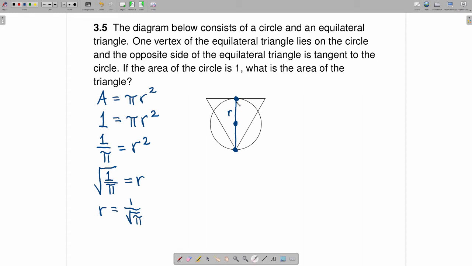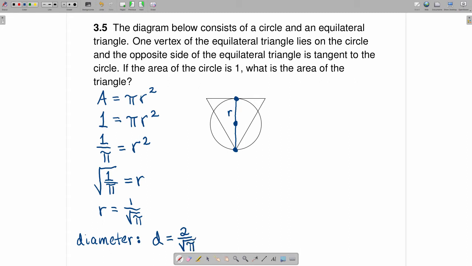Now, if the radius of this circle is 1 over the square root of pi, then the diameter of the circle, which is this entire length, I'll call that d, for the diameter, will be twice that, and twice the radius is 2 over the square root of pi.